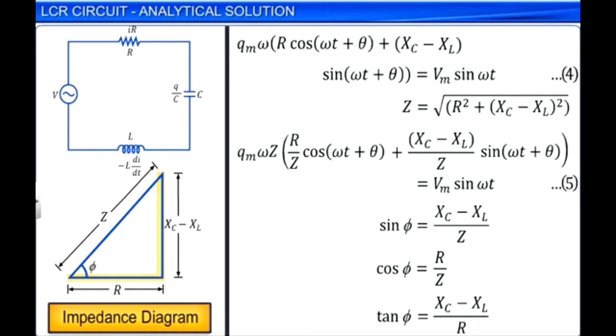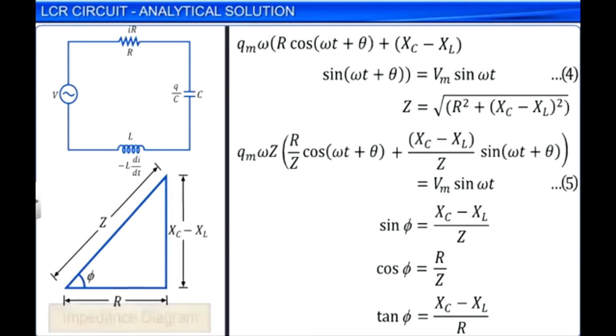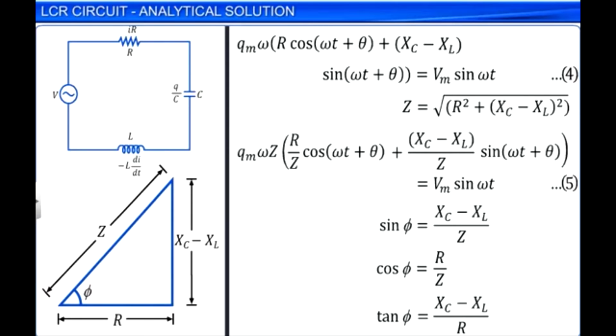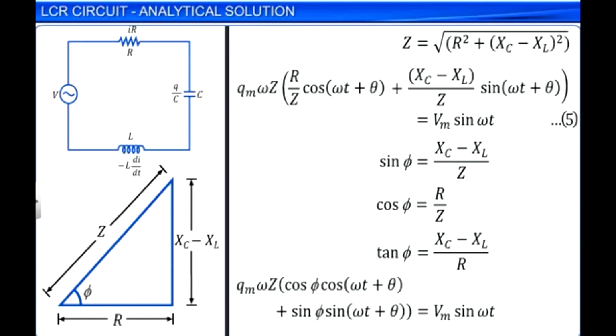Substituting the values of cos φ and sin φ in equation 5, we get Qm ω Z [cos φ cos(ωt + θ) plus sin φ sin(ωt + θ)] equal to Vm sin ωt. This can now be written as Qm ω Z cos(ωt + θ minus φ) equal to Vm sin ωt. Let this be equation 6.